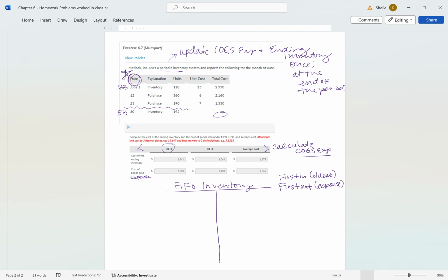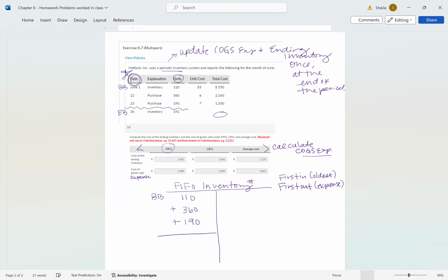So as this company is thinking about their inventory balance, we have a beginning balance of 110, and then we have our purchases of 360 and 190. And these numbers are my units, okay? So we're just looking at inventory numbers or units right here. We'll get to the cost here in just a minute.